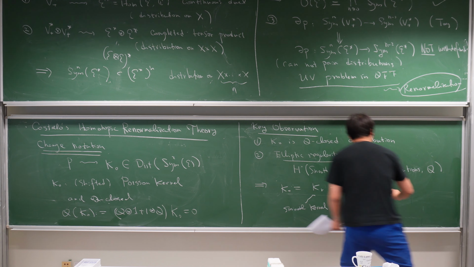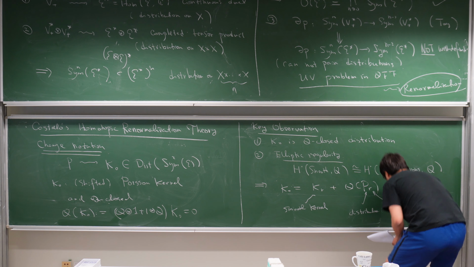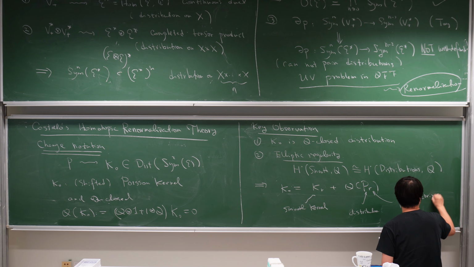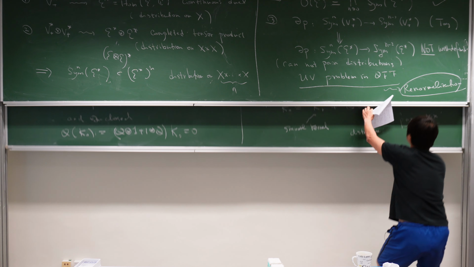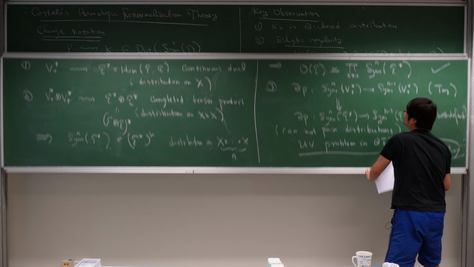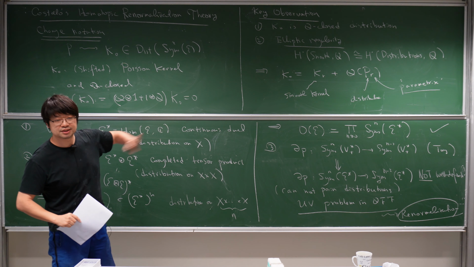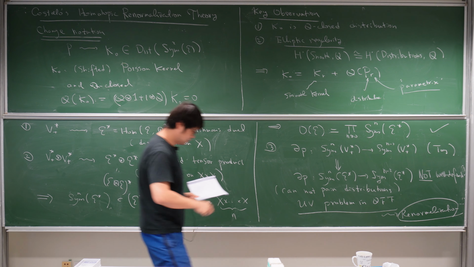And this one also has a name. We know this from differential equations. This is basically called a parametrix. So you can always find a parametrix such that you smooth out this kernel.